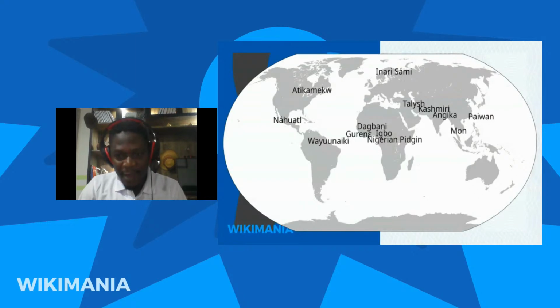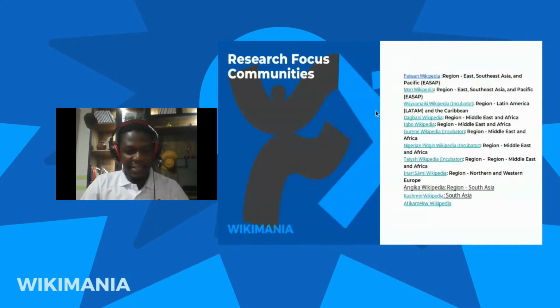As you can see, we have many communities coming from Africa and the Middle East. We also try to work with both existing and incubator language Wikipedias so that we can understand the different challenges that existing Wikipedias and incubator communities face.